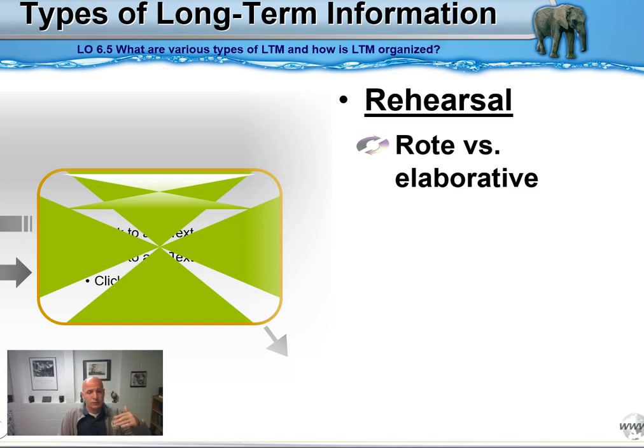They simply go over these over and over and over. This is rote memory. You're not necessarily elaborating your thought. Elaborative rehearsal, however, is when you are spending time. You might want to think of this as rumination or meditation, or when you're really thinking deeply on issues that you're trying to remember.